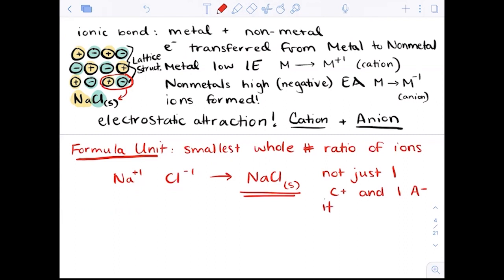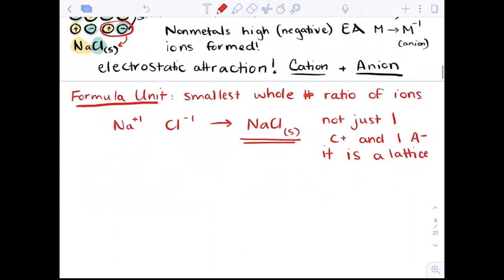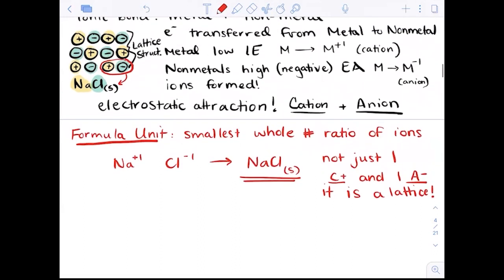It's a lattice of a huge amount of cations and anions, right? It's this buildup. And we'll talk about lattice energy in just a little bit.